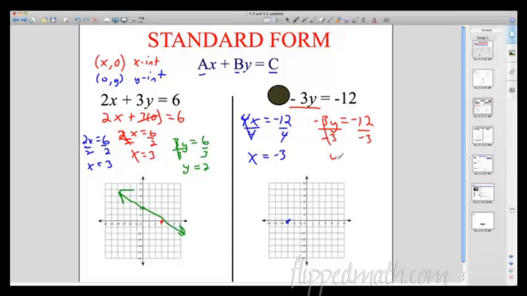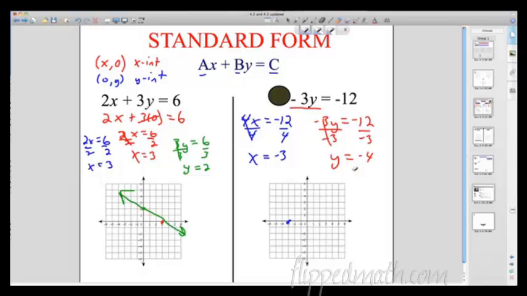Negative 12 divided by negative 3 is not negative 4. You got to say a negative divided by a negative is what? It's a positive. So a negative divided by a negative happens at 4. So I'm going to say this happens up here at 4. Got the y-intercept, got the x and y-intercept. Go ahead and draw a line through there. And we've got our line graph from the original equation.